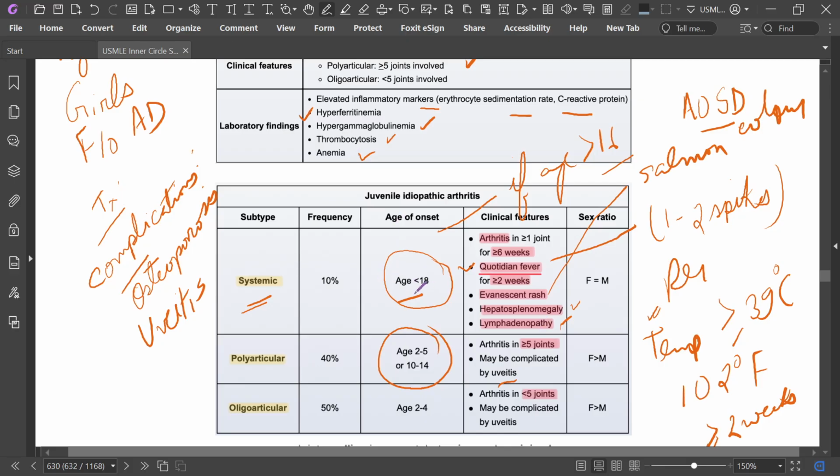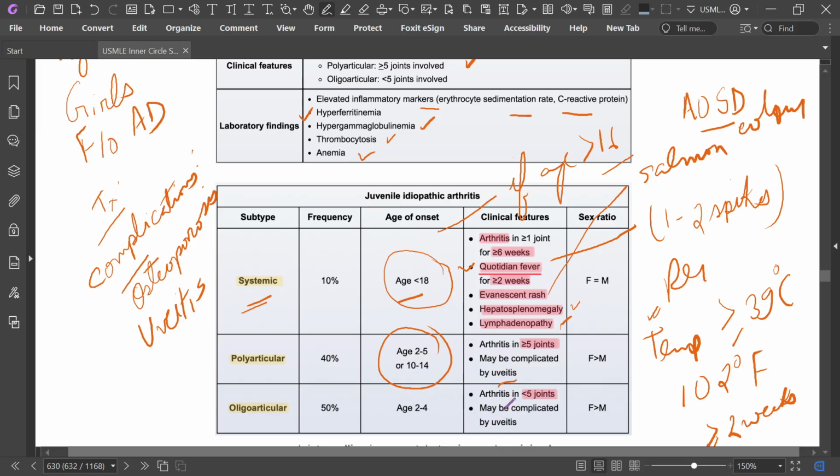In polyarticular arthritis, we know that it is symmetrical like JIA, and the wrist, knee, and ankles are most commonly affected. In oligoarticular, there are less than 5 joints within 6 months of the symptom onset, and it may be asymmetric.